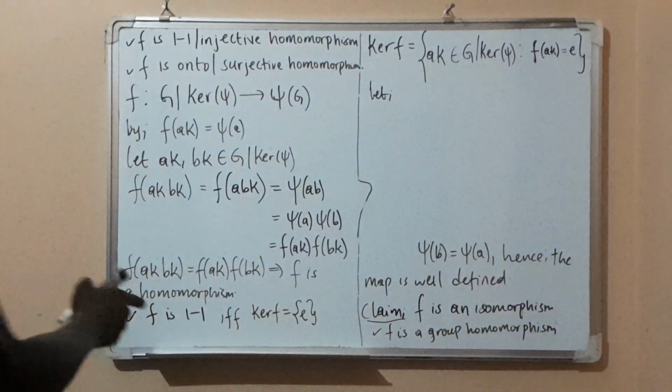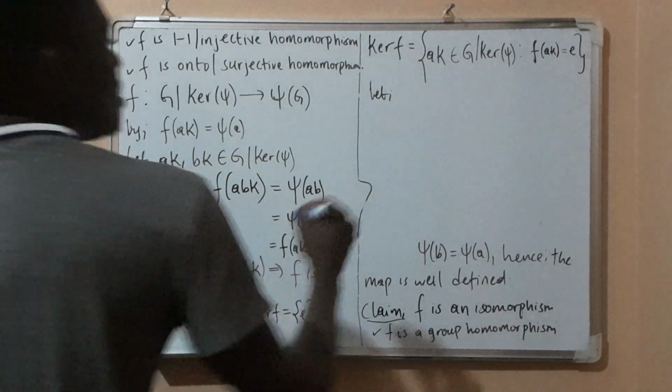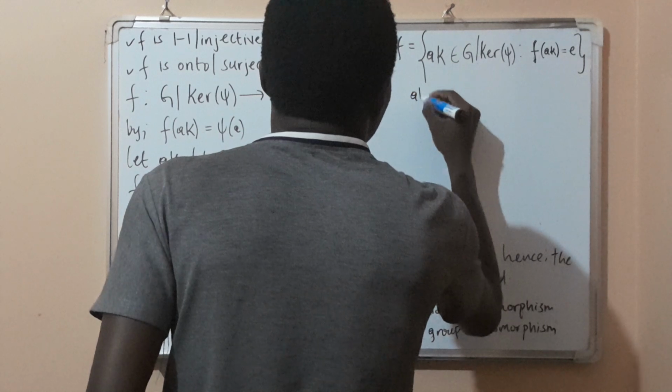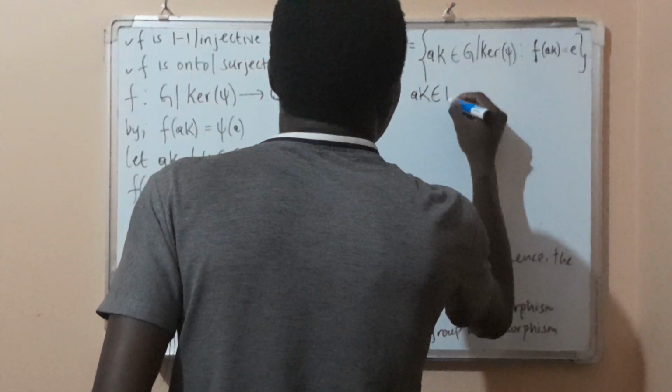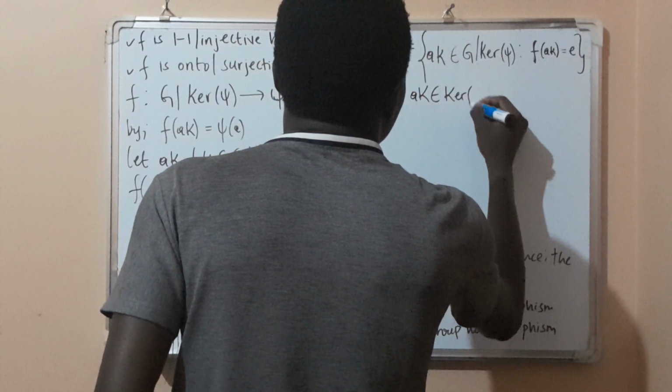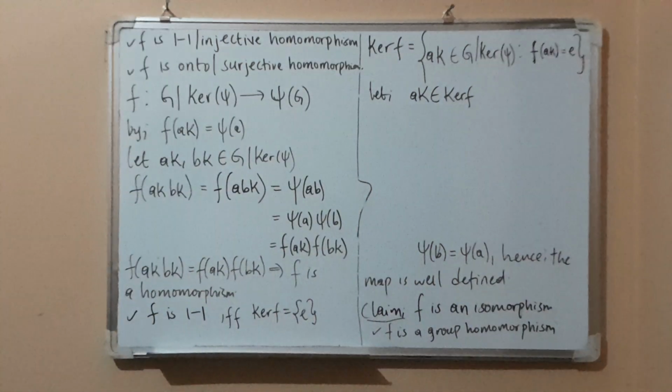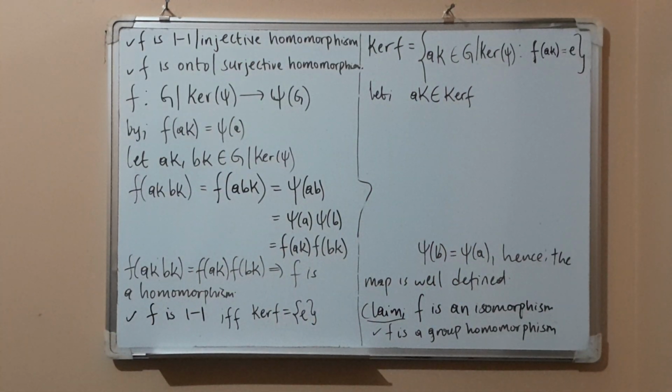Remember I'm supposed to prove this. I'm going to let AK be an element from the kernel of F. Now I have to show that that element is the identity. If I'm able to show that, then the kernel of F is equal to the identity.